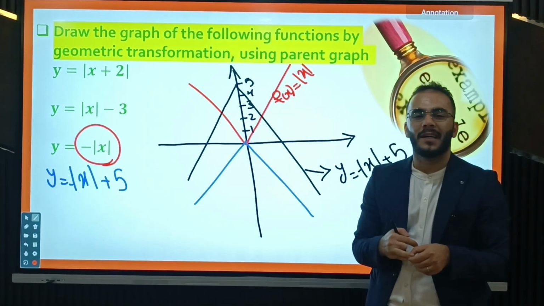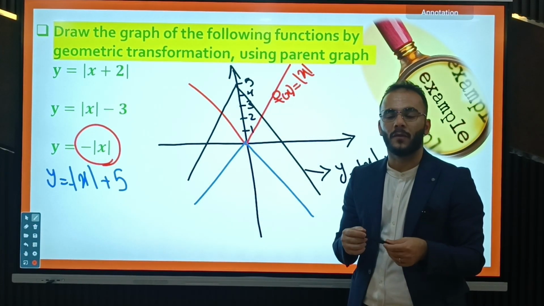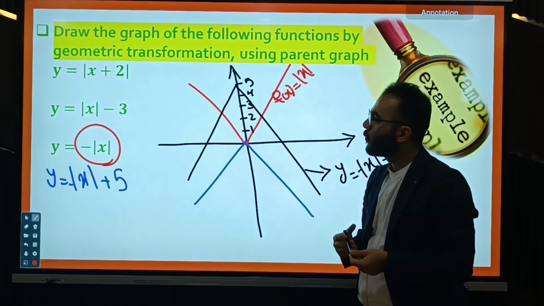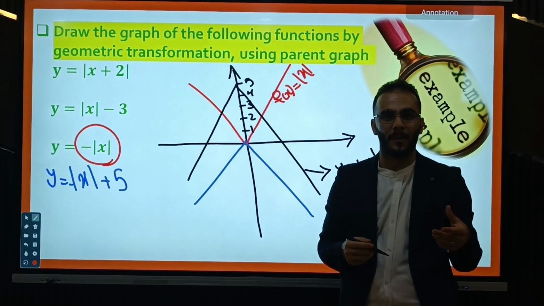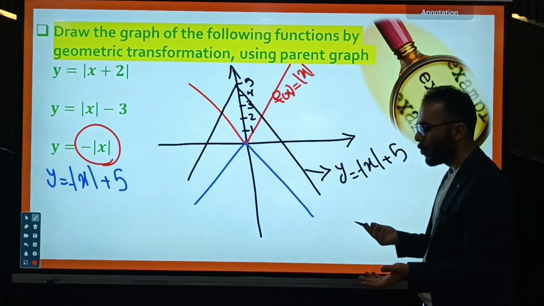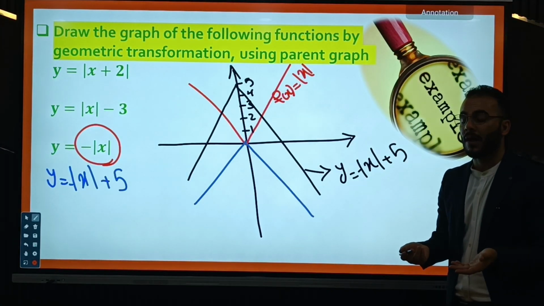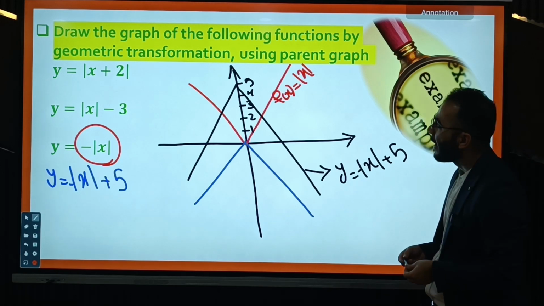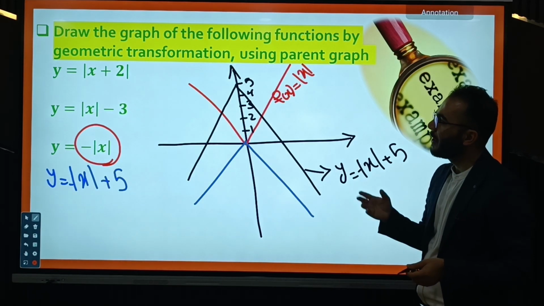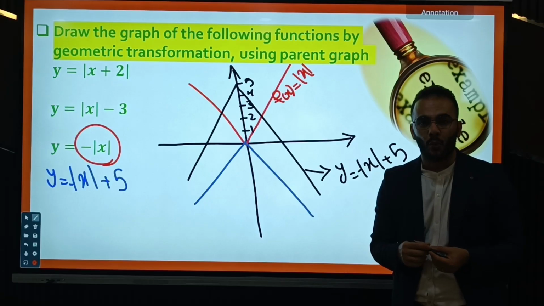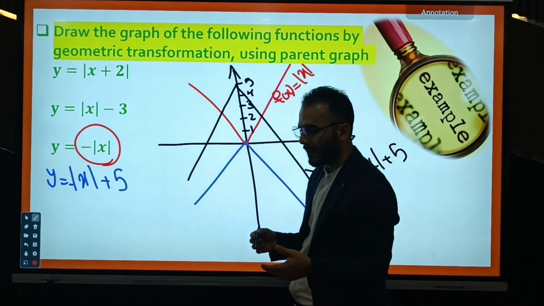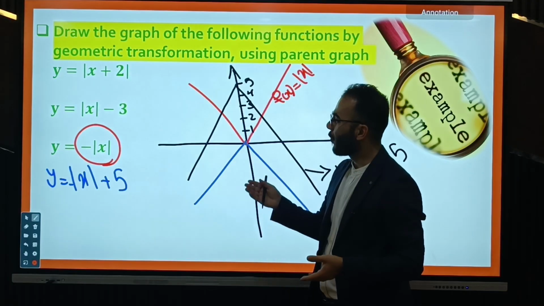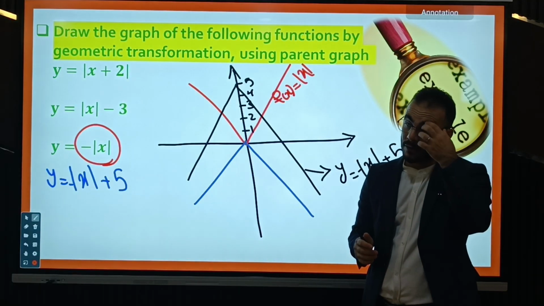Then we came up with graphing of absolute value. And then we discussed domain and range and the parent function, and how to graph it with the method of point plotting. And then we finally studied how to transform. We studied geometric transformations, horizontally, vertically, and of course the reflection type.